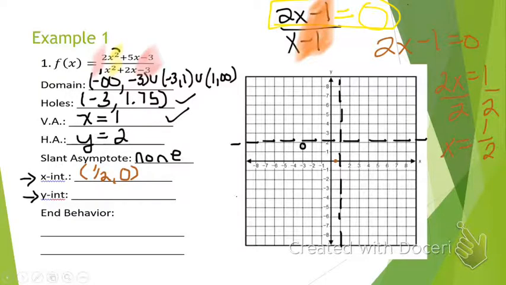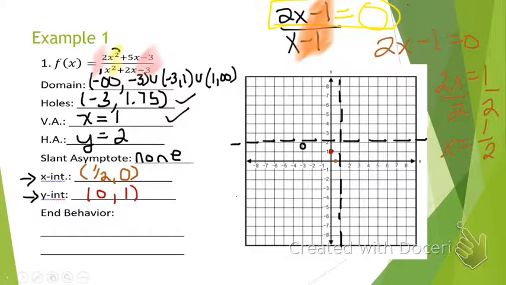Will I still get the same? Yes, you will still get the same. It'll still be 1/1, which is a 1. So my y-intercept is equal to 0, 1. So I'll go over to 0, 1 and put, you guessed it, another dot.